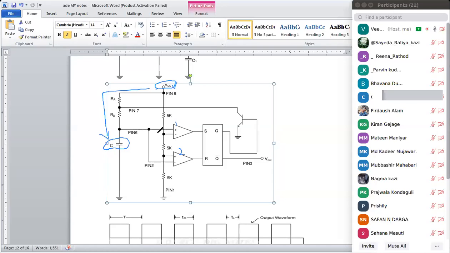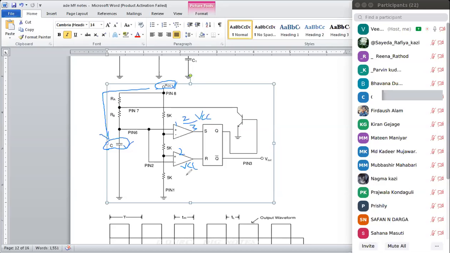Now how much voltage? Once the capacitor has been fully charged, it will not charge again. This comparator 1 is going to generate 2 by 3 of VCC, and this comparator 2 is generating how much?